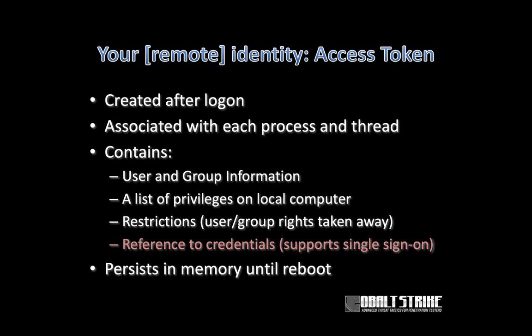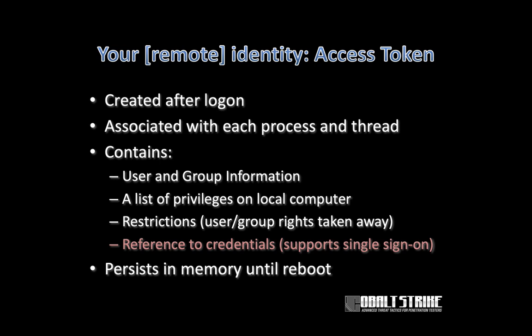We talked about access tokens when we talked about privilege escalation, and we stated that an access token is associated with your process, but your current thread could have an access token that takes precedence over your process token. That token dictates who you are on the local system and what rights you have when you try to interact with resources on the local system.